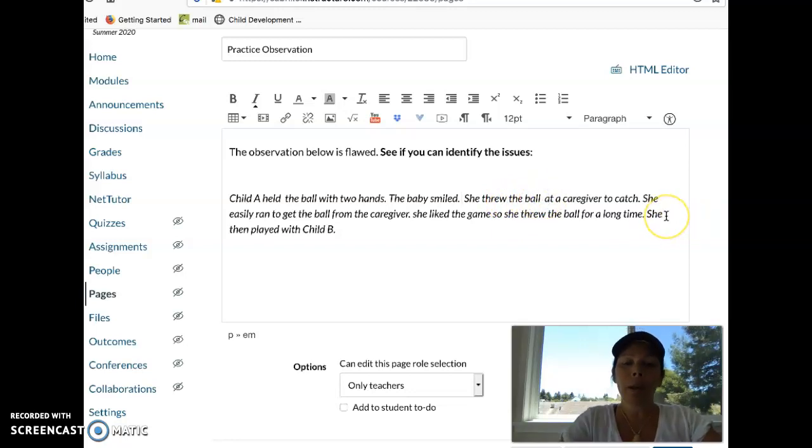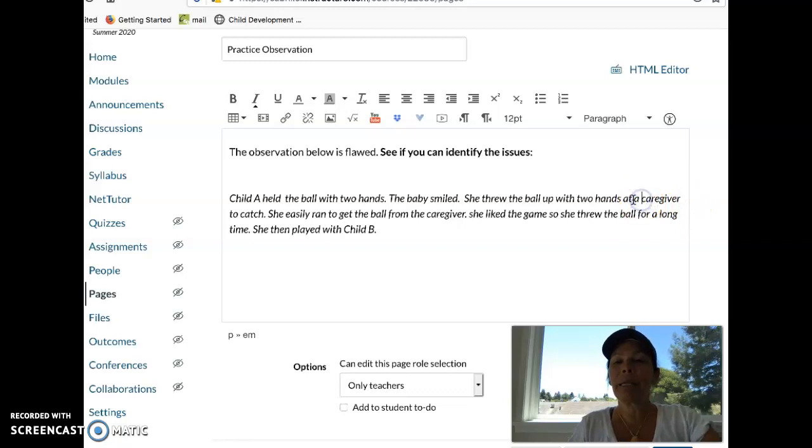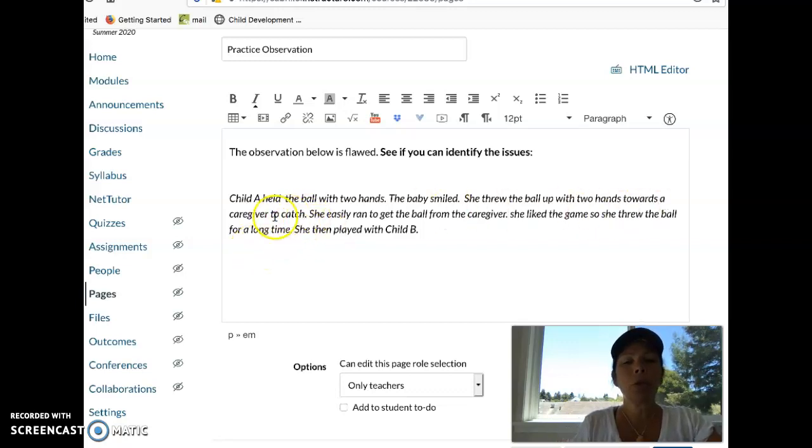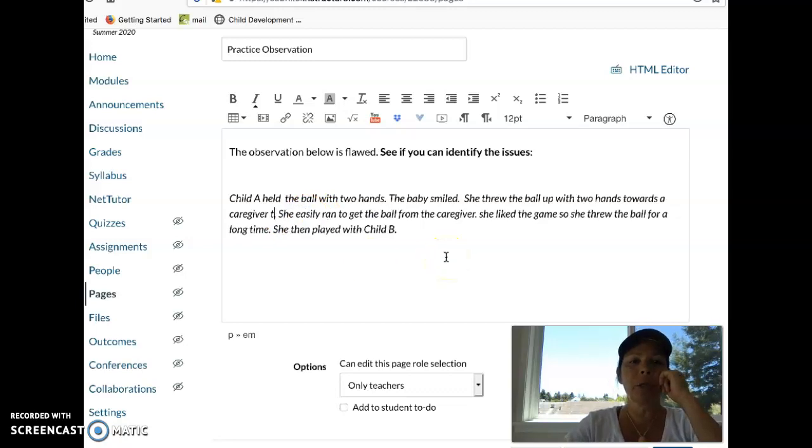She threw the ball up with two hands. And I'm going to say towards a caregiver. And then to catch. So this is a little bit of an assumption, the to catch part. I'm just going to say she threw it with two hands towards a caregiver and just leave out the interpretation.